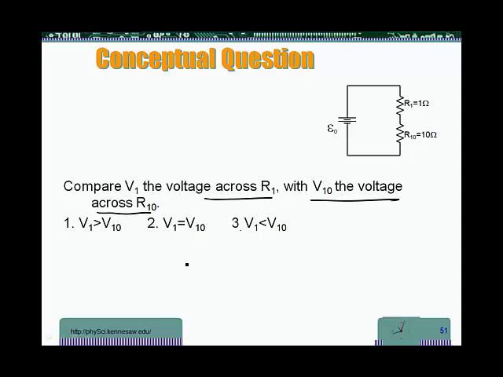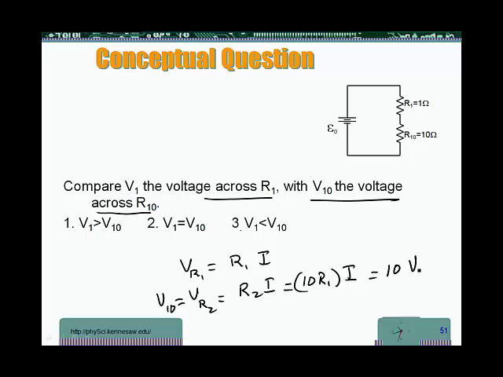The currents are the same, however, VR1 is equal to R1 times I. VR2 is equal to R2 times I. We called it R10 here, which means VR2 or V10, like they called it here, it is 10 times R1 times I, which makes it 10 times V1. So that's our answer.